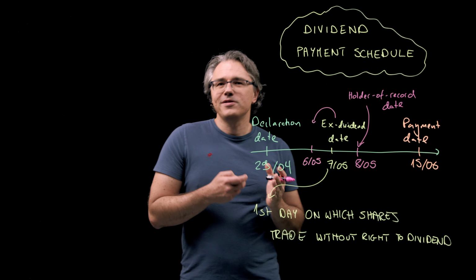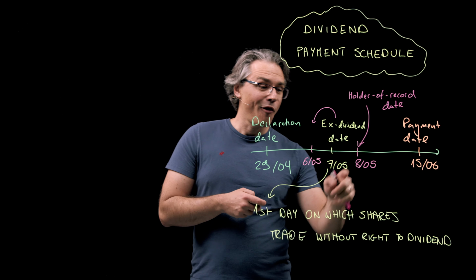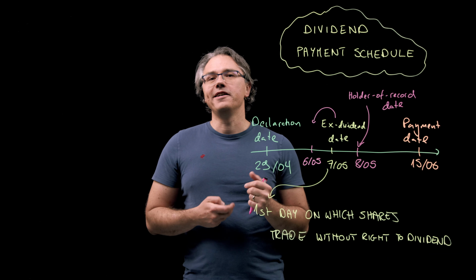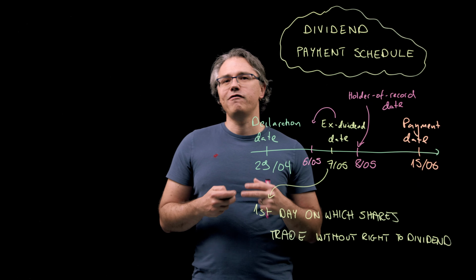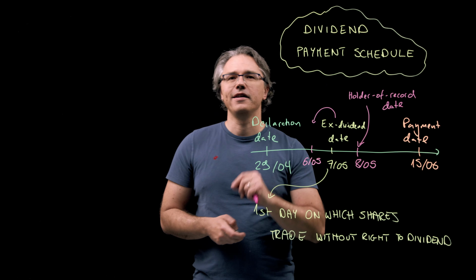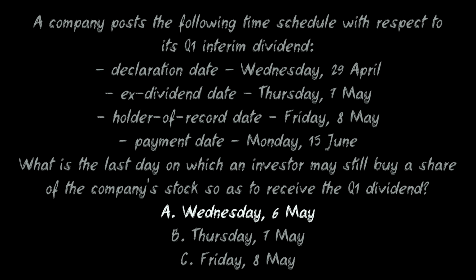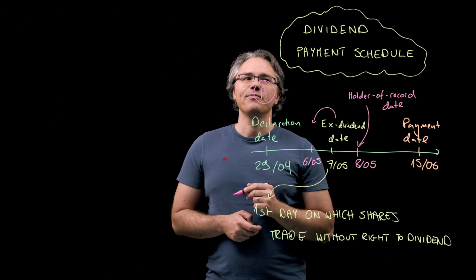And it's those investors who feature in the company's books as shareholders on this date who are entitled to receive the declared dividend. But in order to feature in these records, you will need to have bought the shares over here on the day preceding the ex-dividend date. So that's the 6th of May, making A the correct answer to this question.